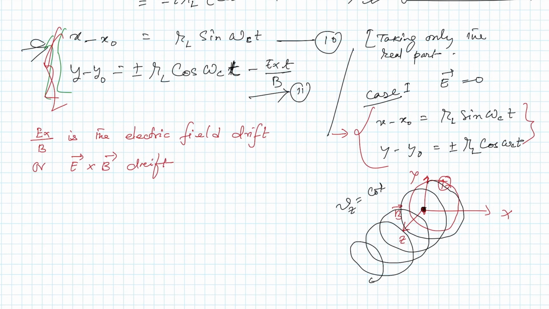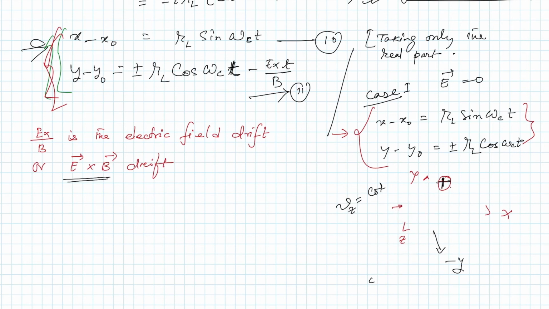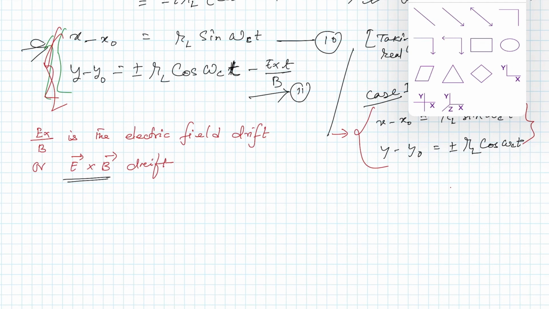If you consider this particle and this is the center, suppose this is the guiding center, because of this drift there will be a drift of this guiding center towards the negative y-axis. So the resulting motion will be like this. Let me draw it again.